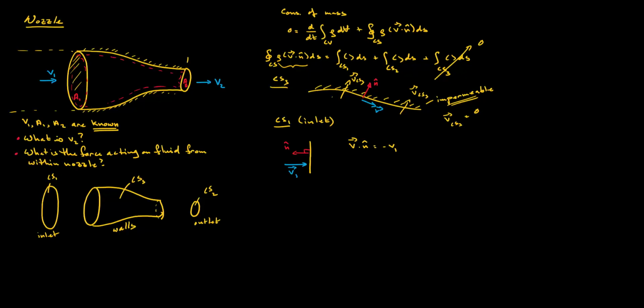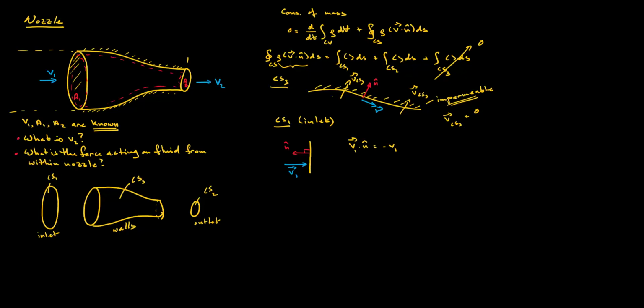And that's because the angle between v1 and n is 180 degrees. So the cosine of 180 degrees is negative 1. So it is just negative 1 multiplied by the magnitude of the velocity vector v, or v1 if we will. So that's just negative v1. Okay?